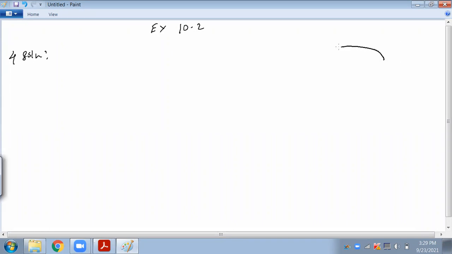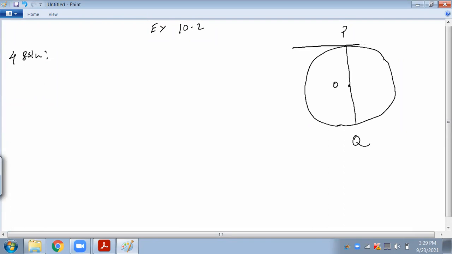So there is a circle with center, say O, and say POQ is a diameter, and at the ends of the diameter we have tangents.